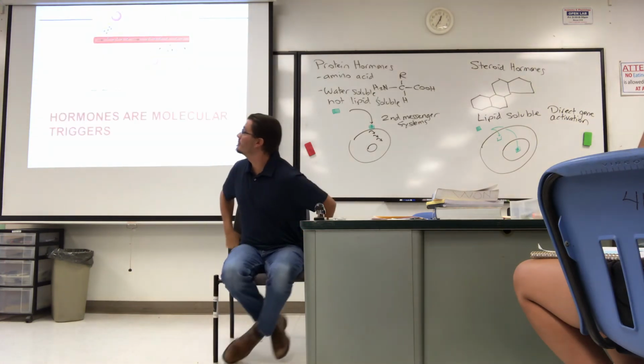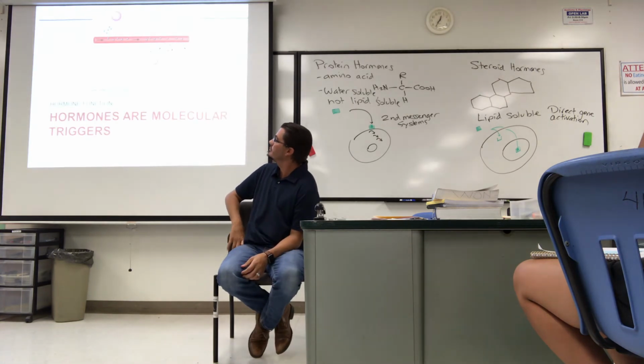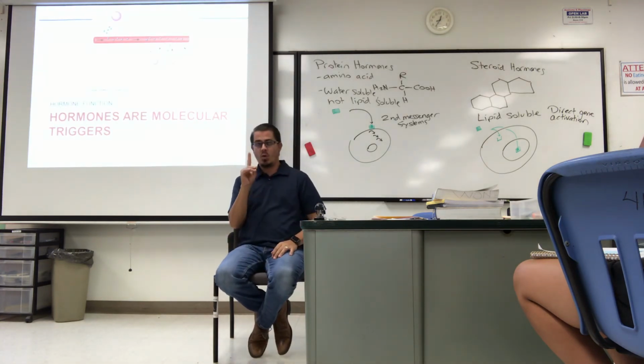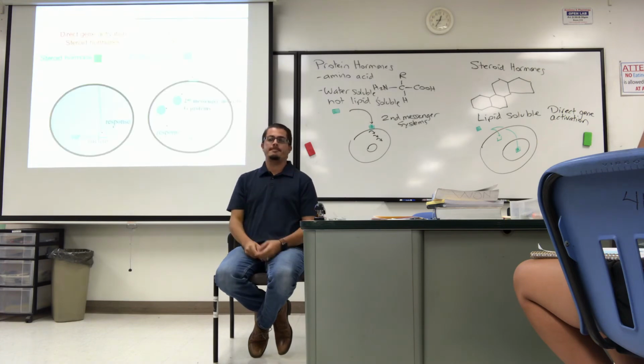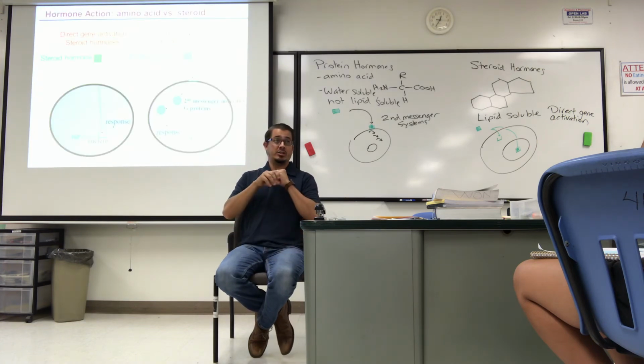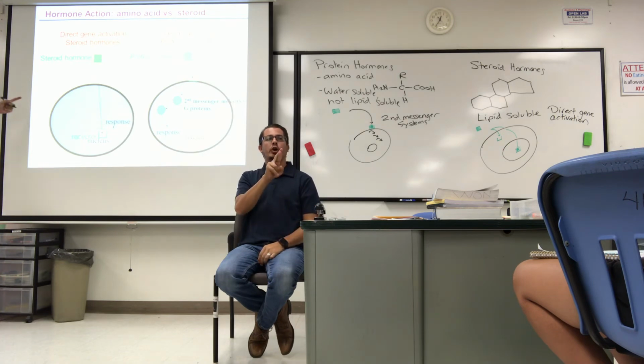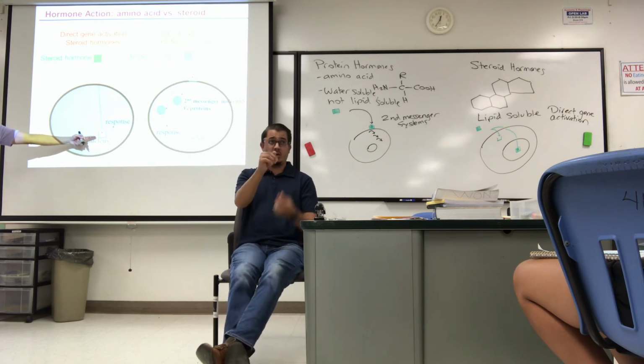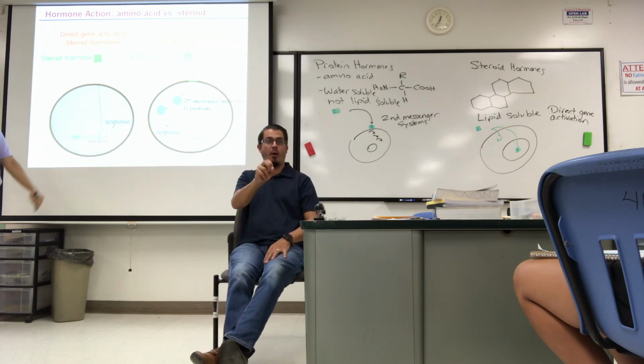But let's talk generically about how proteins and steroids are triggers. They're secreted, great, but if they don't trigger a response, you're going to keep secreting the hormone until you get the response. So here's the trigger. I wrote direct gene activation first, I wrote it second on the board there. But you go straight to the genes, turn them on, get the response.